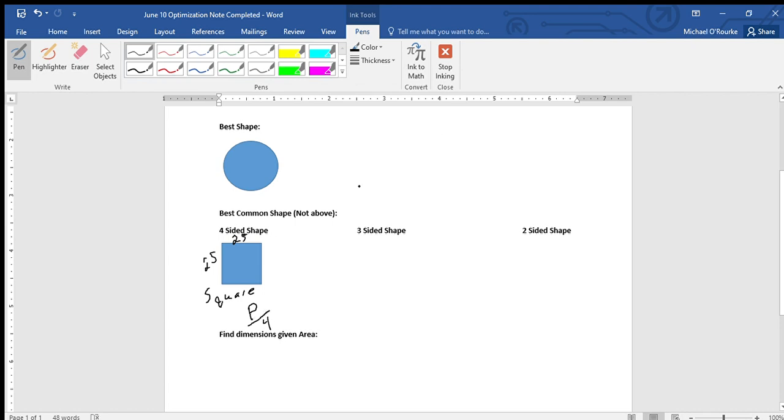Right? So in this case, 100 divided by 4 equals 25. So perimeter divided by 4 gives us our best 4-sided shape, which is going to be a square. So if I said 200, you say, okay, 200 divided by 4 is 50. So 50 by 50.